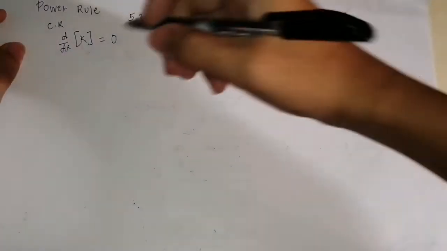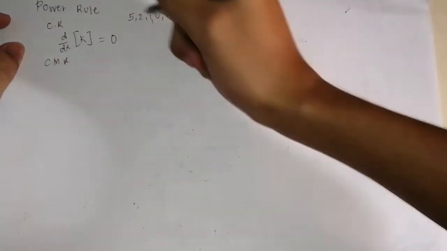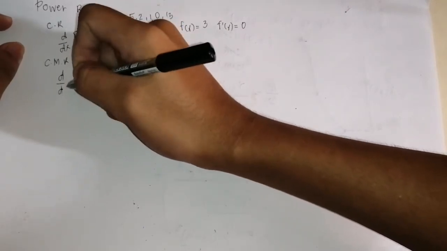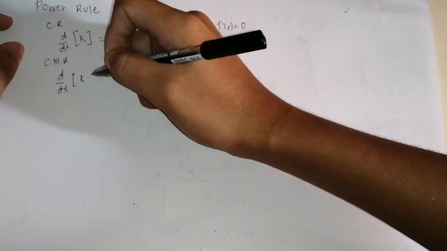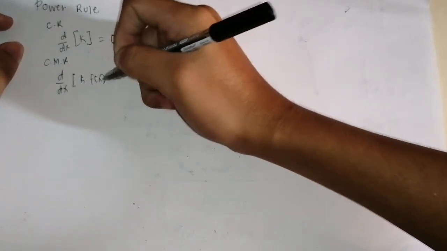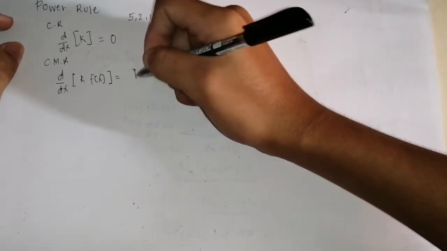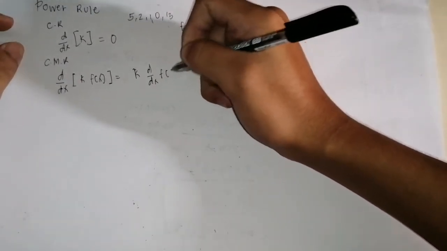The next is the constant multiple rule. The constant multiple rule says the derivative of k, which is a constant, multiplied by f of x, is k times the derivative of f of x.